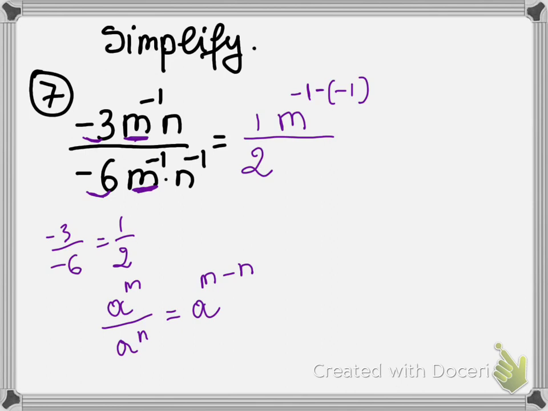And then we have the power with base n times n. Observe that n is to the first power, n to the first power. If there is no exponent, that means that the exponent is 1. So we have n to the 1 minus negative 1.